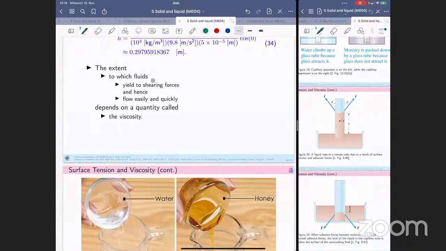The extent to which fluids yield to shearing force and hence flow easily and quickly depends on a quantity called the viscosity. When the water stays together there will be several layers, and the friction between different layers will cause difficulty for them to move, and that's called viscosity.